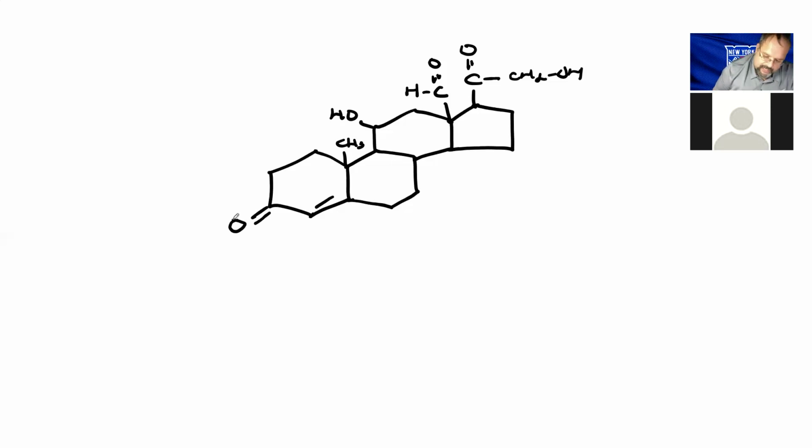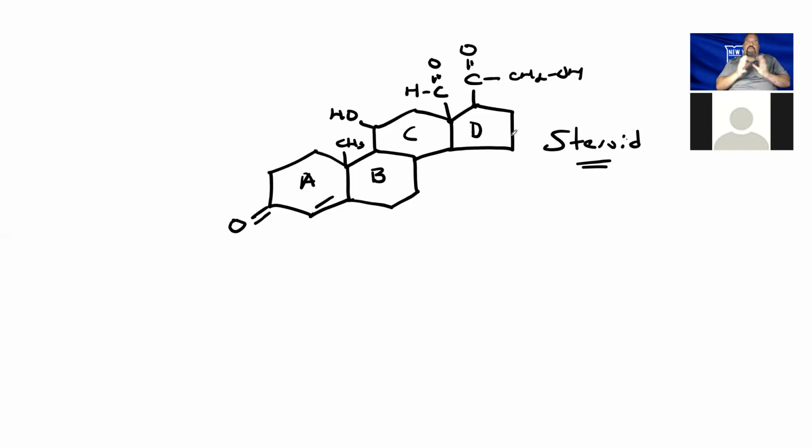You should be able to tell me very quickly that this is an example of a steroid. And the way you'd be able to recognize it very quickly is you have the steroid nucleus, which has 4 fused carbon rings, 3 cyclohexane rings, and 1 cyclopentane ring that are fused together.